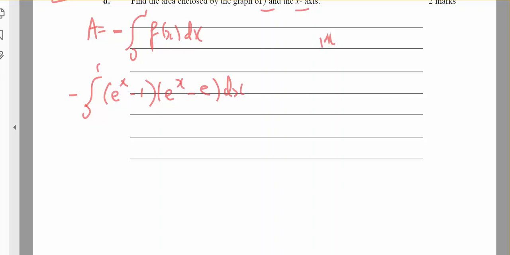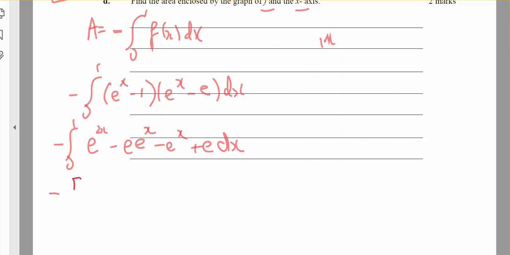I need to expand this because I don't have a rule that would let me anti-differentiate. So e^x times e^x is e^(x+x), which is e^(2x), minus e^x minus e^x plus e, dx. e is just a number, it's only about x that I'm interested in.